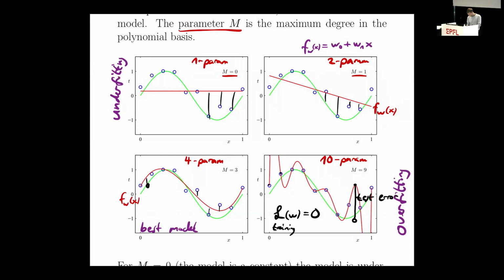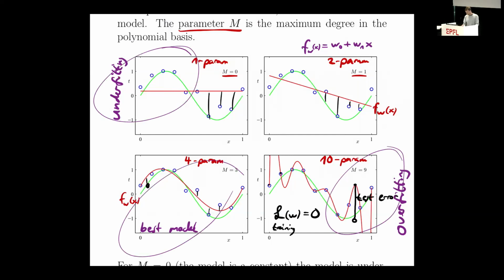So for us, the best model was this one here, which is the 4 parameter one, but we don't know. But thanks to us really trying all the M's, these we call the model class, right? What is the family of models which are even candidates? So we tried complex candidates and we tried easy candidates, and we found one candidate in the middle, which was really good both in training and in test.